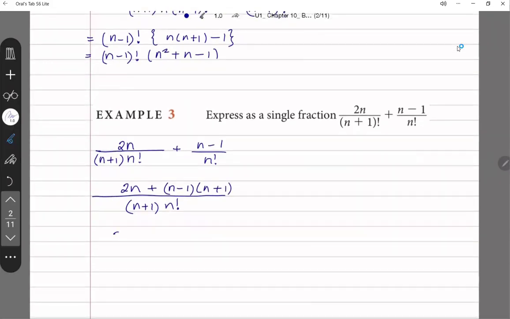So here we have in the numerator 2n plus n squared minus 1. When you multiply the sum and difference of the same two terms, your answer is the difference of the square of both terms. And this is over n plus 1 times n factorial.